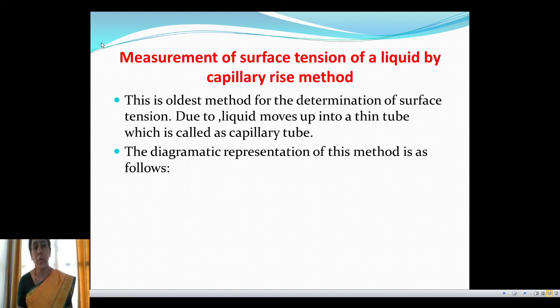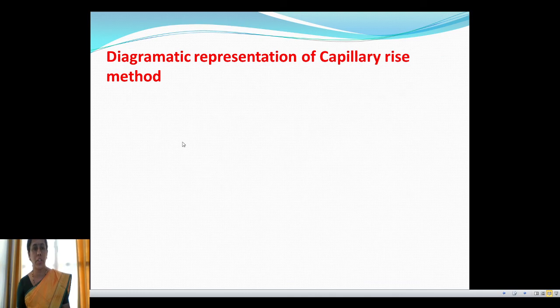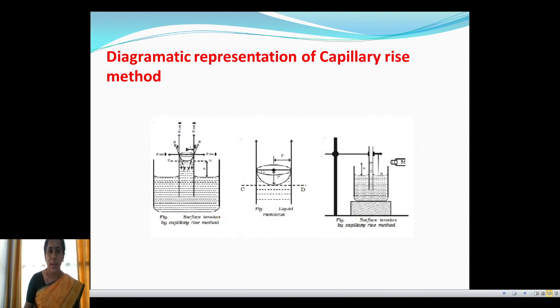The liquid moves into a thin tube which is called a capillary tube. The diagrammatic representation of this capillary rise method is as follows. In this diagram, there is a formation of a curved meniscus here, and a tangent should be drawn which just touches this meniscus.